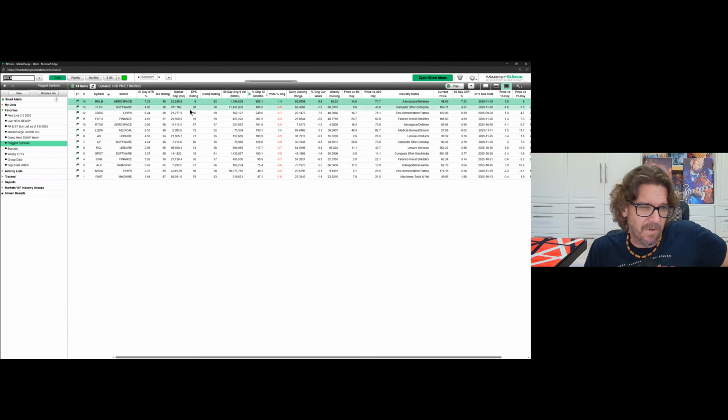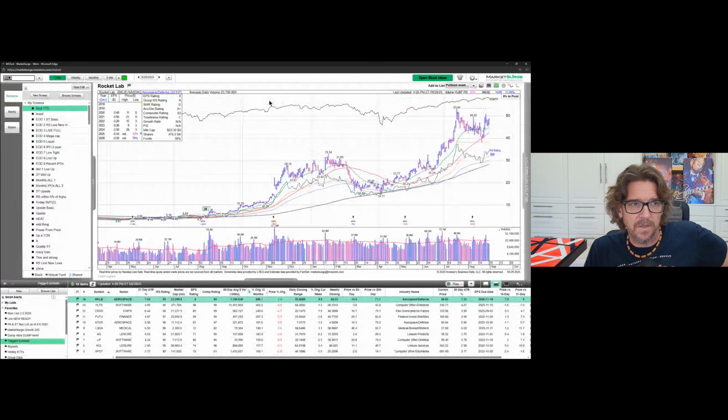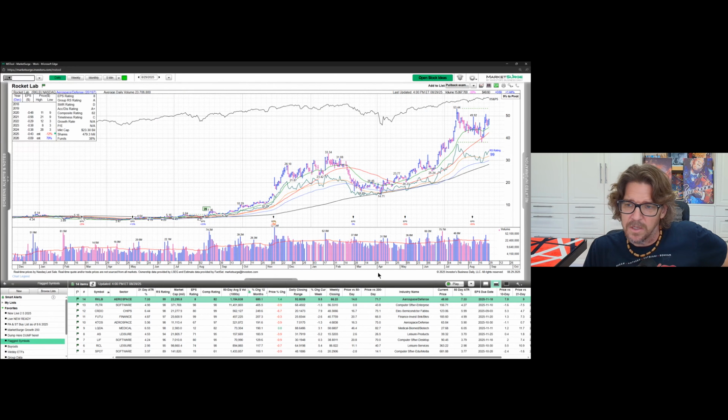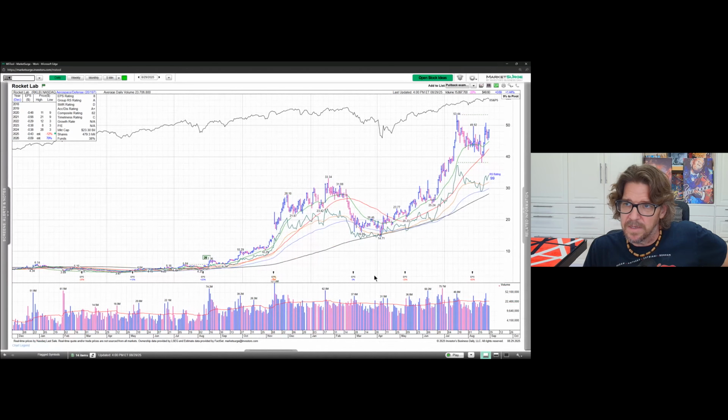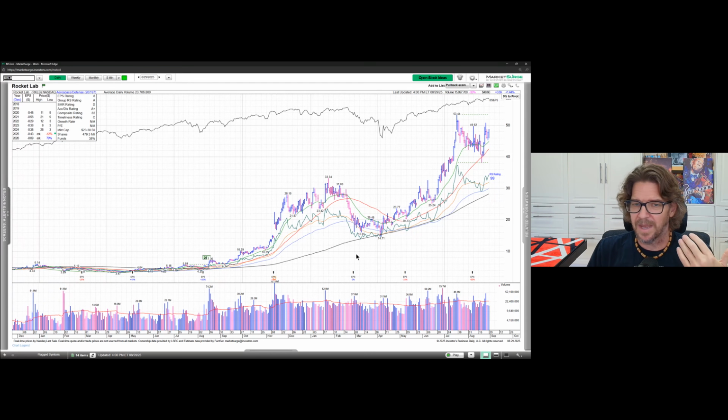We're probably not going to do all of these, but they were just some examples to go through. So I'm going to minimize this. This is Rocket Lab. Really, this is way too aggressive for most folks to trade, but I'm just using this as an example.